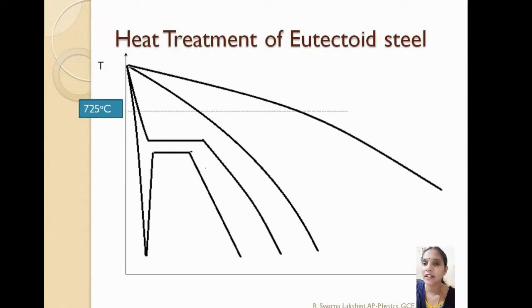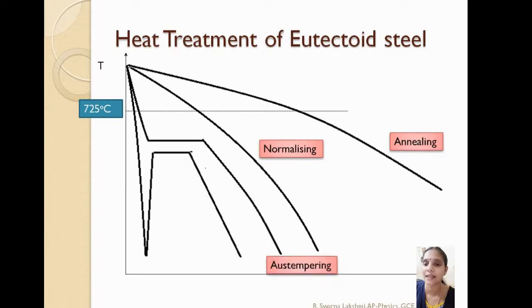These are the different heat treatment processes that are possible for a eutectoid steel. If the rate of cooling is very slow, then the process is known as annealing. If it is much faster than annealing, then the process is called normalizing.